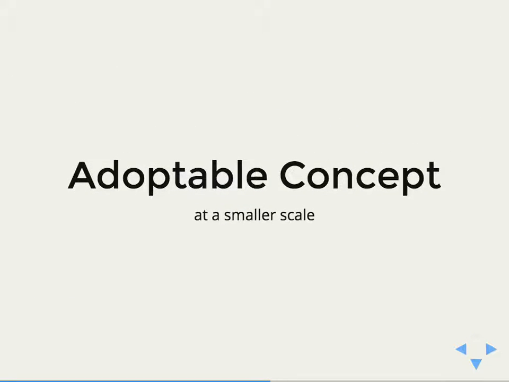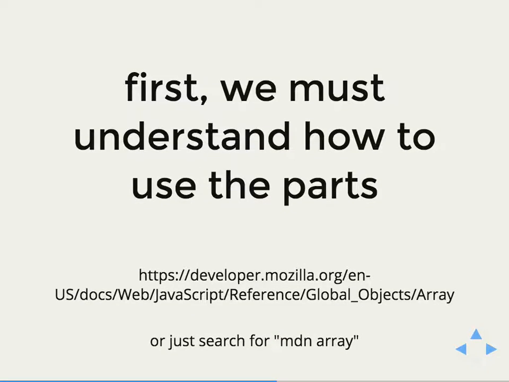You can use it where it makes sense, obviously, all the time, but start using it a little bit at a time as it fits into your style or timeline, etc. But first, before you can start using it, you've got to understand the parts, and your first stop should probably always be MDN. It's pretty good documentation there.